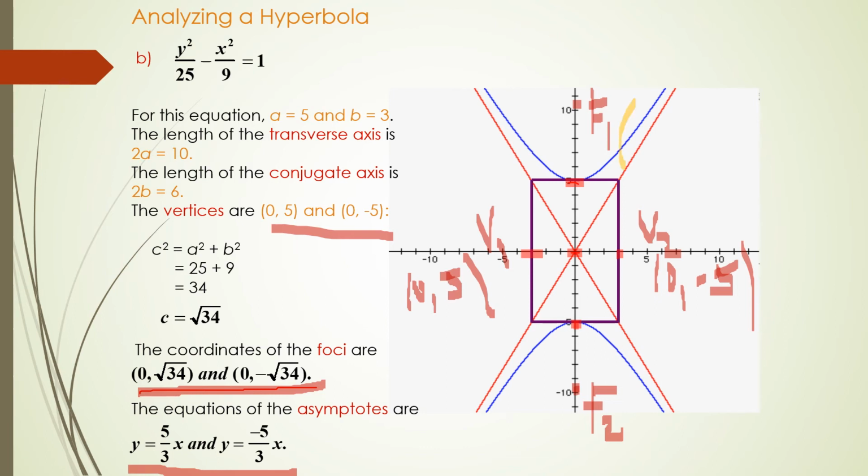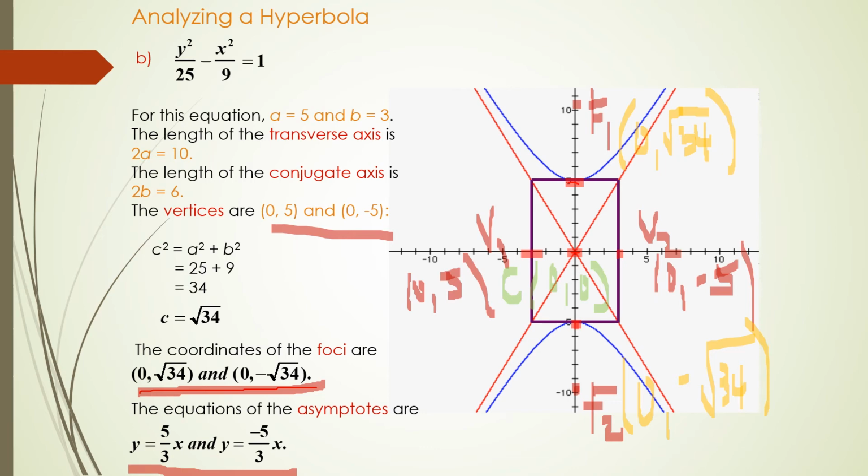So, we have (0, square root of 34), of course, the positive one here, and the coordinate (0, negative square root of 34). And of course, the center. The center is at (0, 0). And you also have your asymptotes.